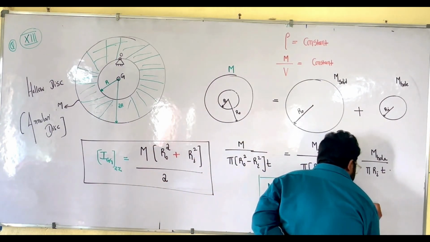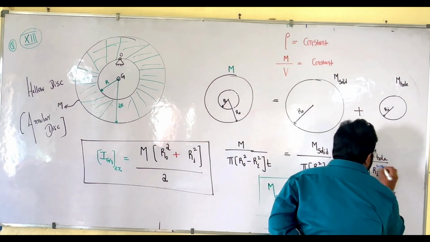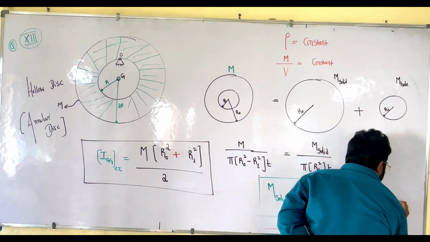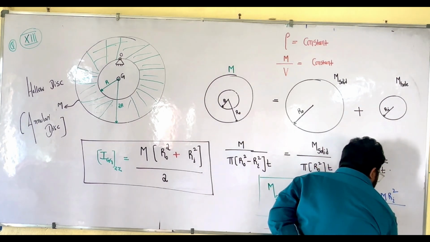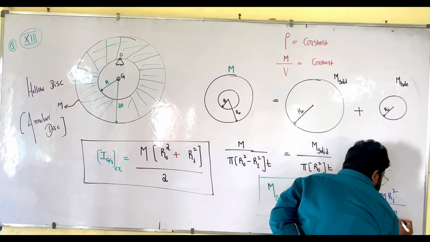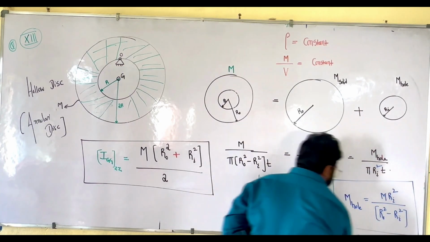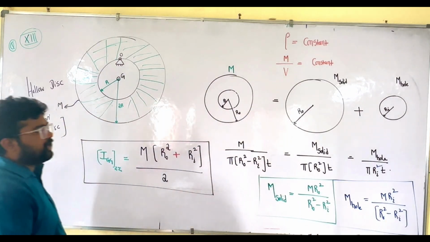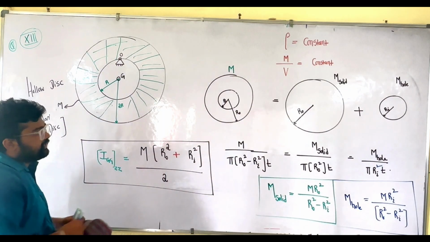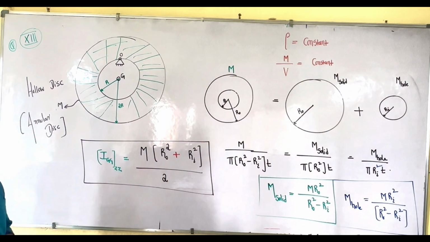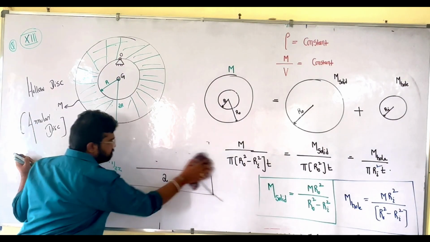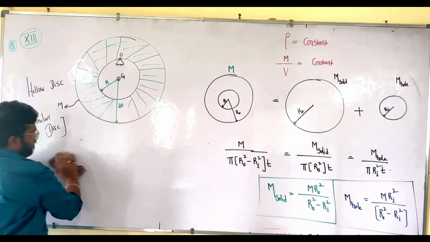Confidently tell me. M into R inner square by (R0 square minus R inner square). Clear? Mass of the solid and mass of the hole in terms of the mass of the annular disk.